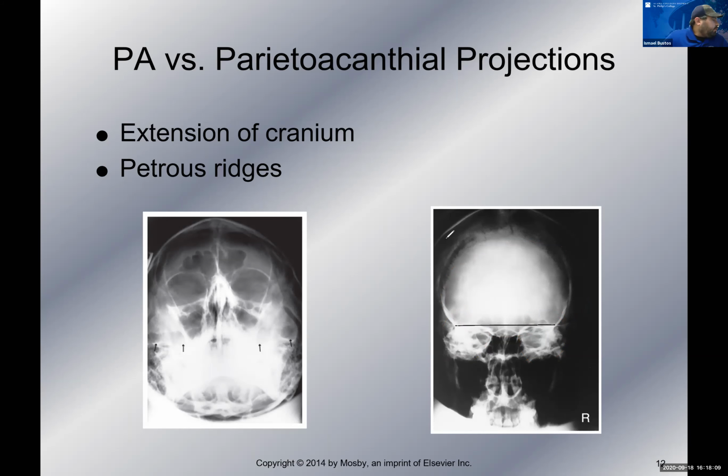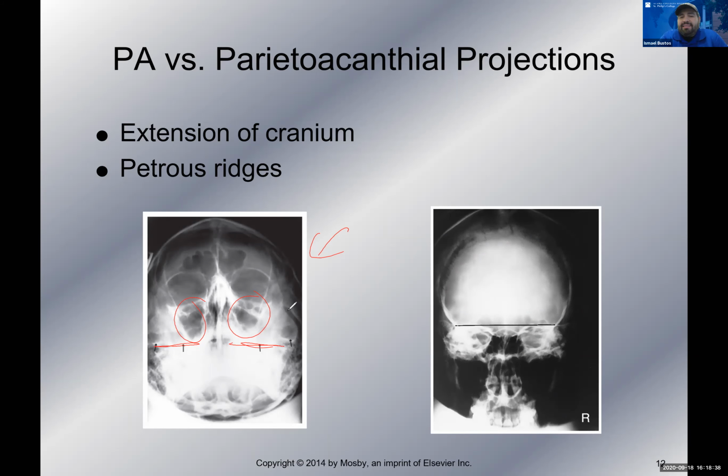They also wanted to talk about the parieto-canthal projection, also known as the Waters projection, which is this one here. The main purpose of a parieto-canthal projection is to view the maxillary sinuses. To get the maxillary sinuses free and clear of the petrous pyramids, we need to adjust flexion and extension of the head.